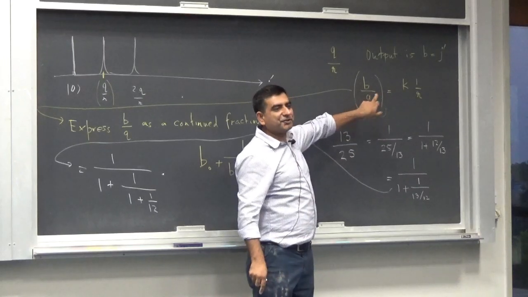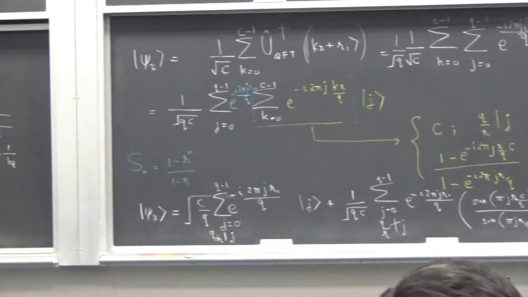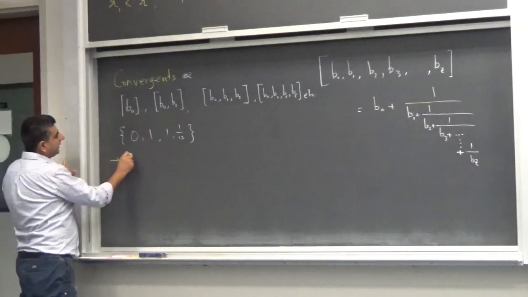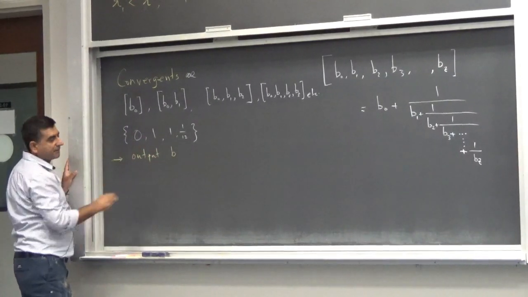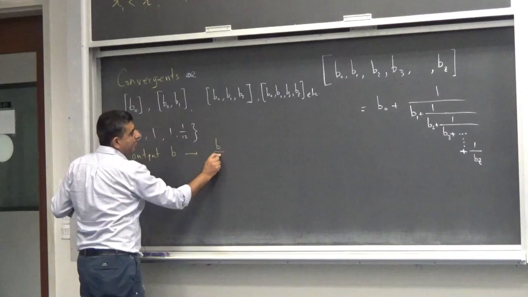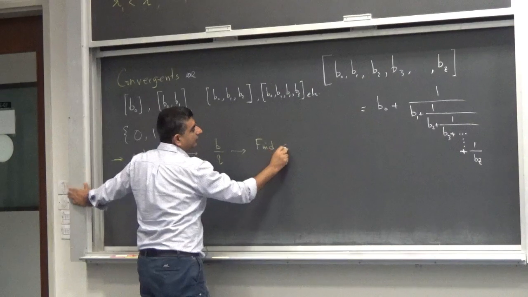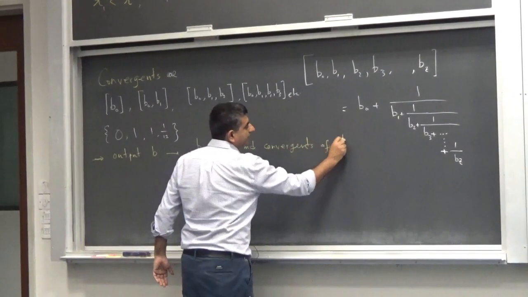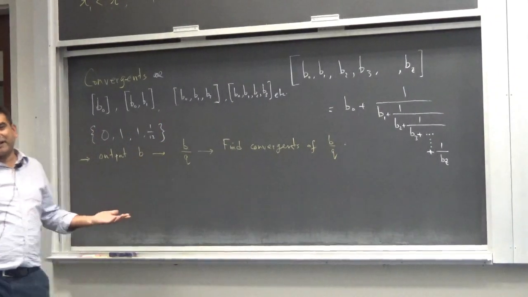I find the convergents of b over Q. So the next step in the classical part is, once you've done a measurement, you get an output b, some integer b, divided by Q, b over Q, find the convergents of b over Q. If my b happens to be 0, there is some finite probability that my output is 0.